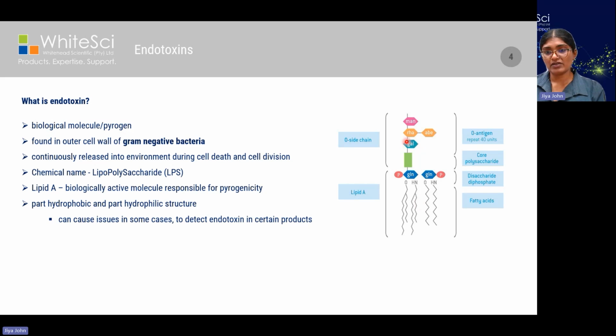As you can see on the structure here, it has both a hydrophilic structure and a hydrophobic part. Because of this unique structure, you could come across cases where you are trying to detect endotoxin in certain products and you might encounter some issues, and the reason behind that would be the structure of the endotoxin itself.